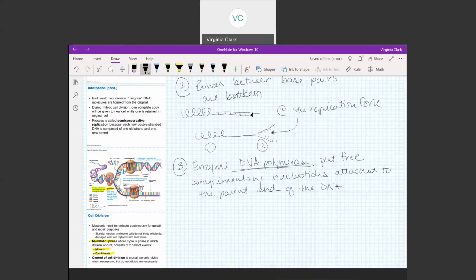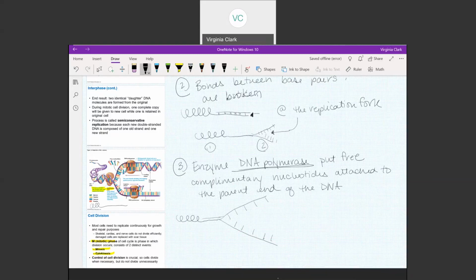So we've gone from here, we've gone straight, and now we've split it up like this. When we've split it up, remember this is a double layer, that's why we were able to split it. We are going to have these open-ended nucleotides over here.